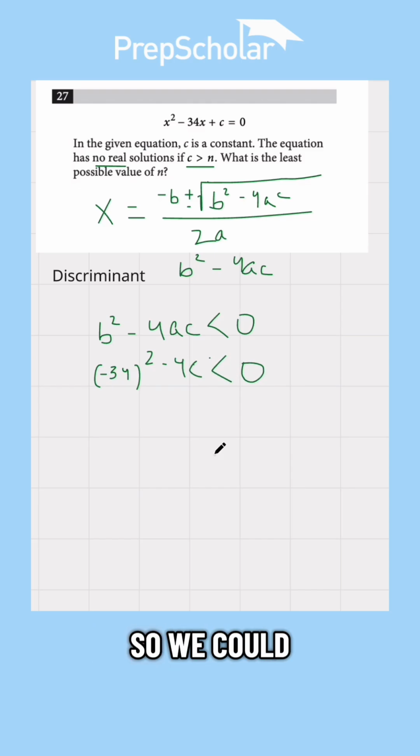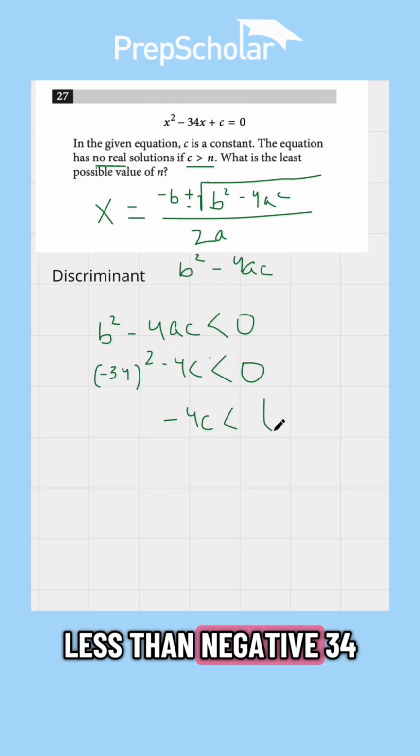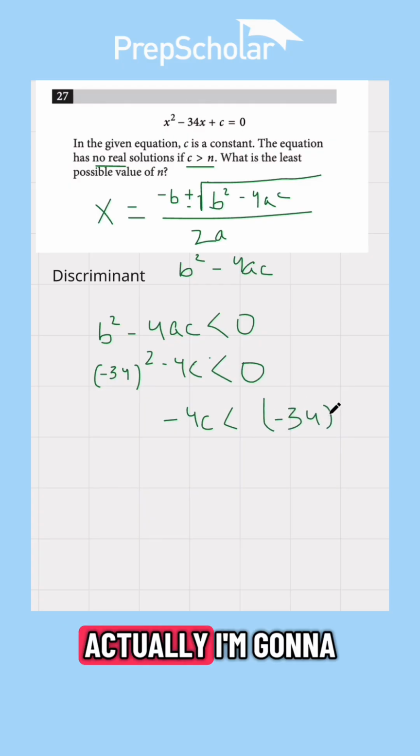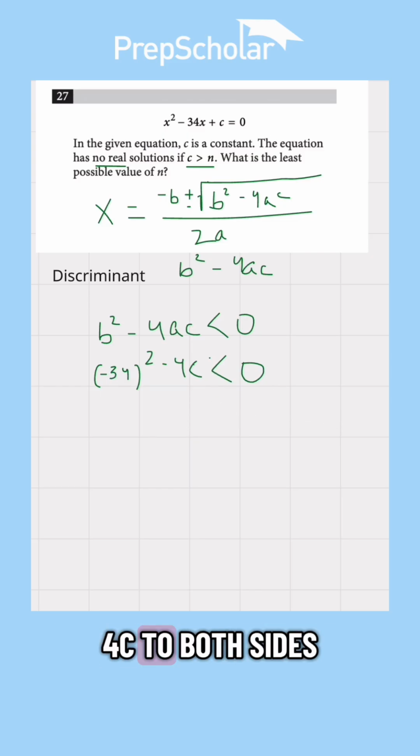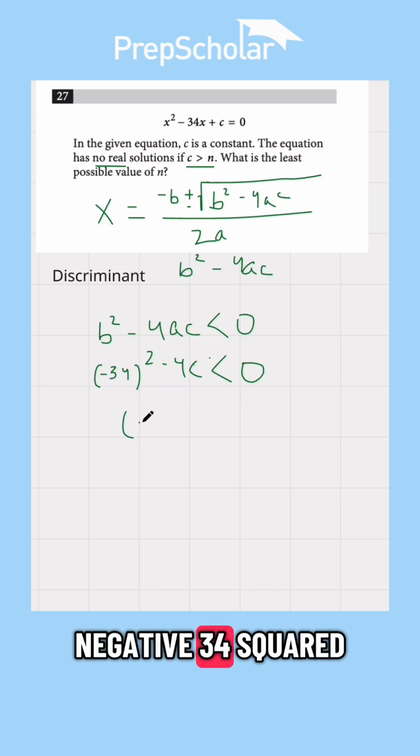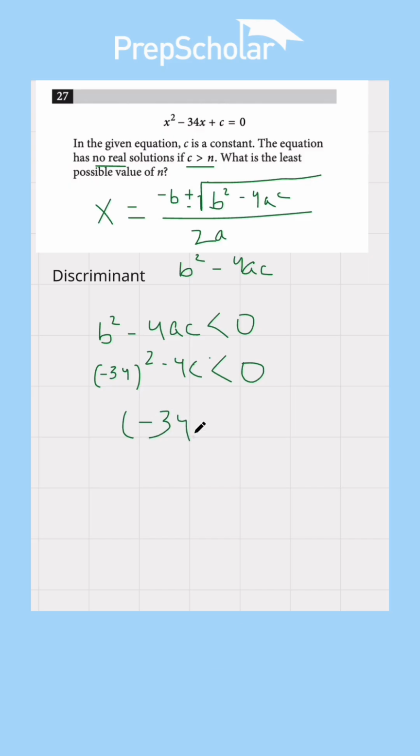So we could say that negative 4c is less than negative 34. Actually, I'm going to do this more efficiently. I'm going to add 4c to both sides. I'm going to say negative 34 squared is less than 4c.